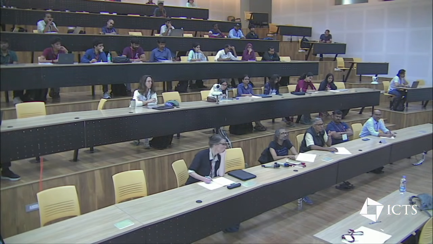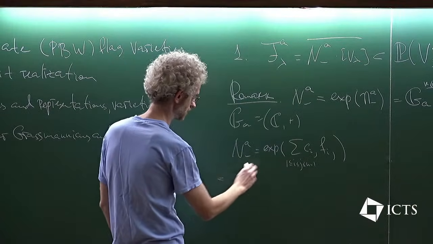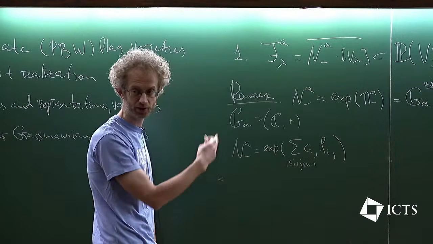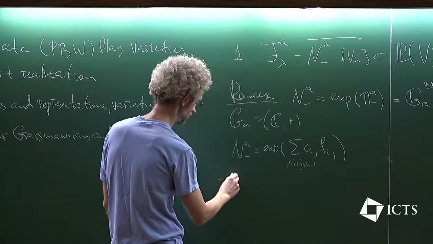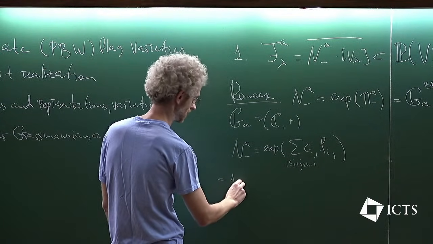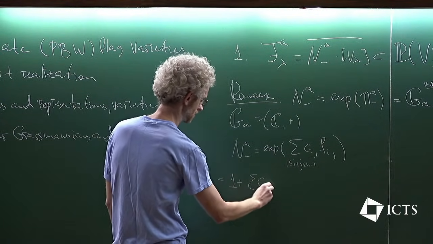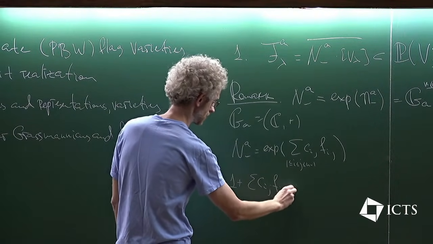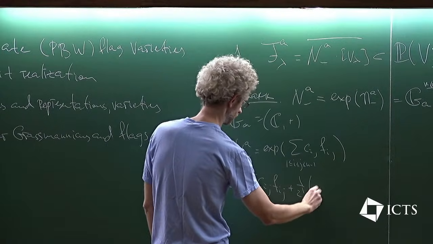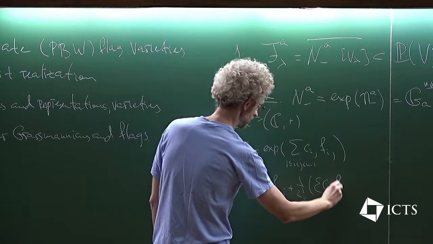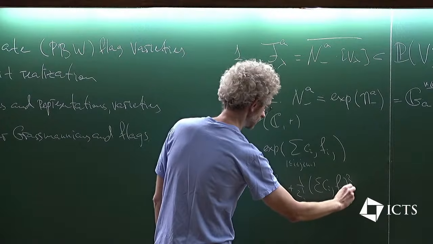So what does this exponential mean? It means that this has to be an operator acting on some space. You take 1 plus some sum c_ij F_ij plus 1 over 2 factorial times the sum c_ij F_ij squared, plus so on.